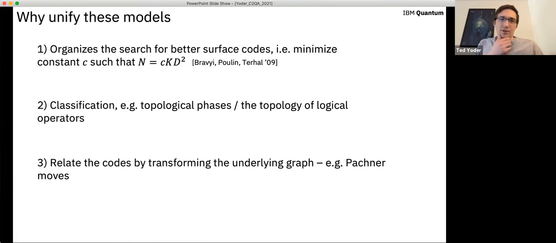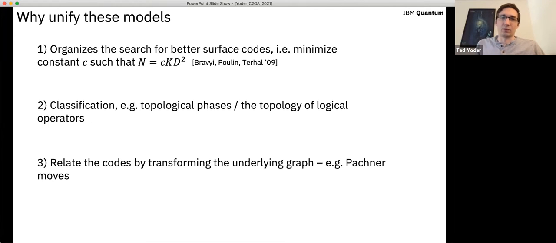Okay, so why do that? Well, first, it's just conceptually nice. But something I think the center here could appreciate is that this organizes the search for better codes, so you can get better code parameters. Here, n is the number of physical qubits you're using, k is the number of encoded qubits, and d is a measure of the code performance, the code distance.